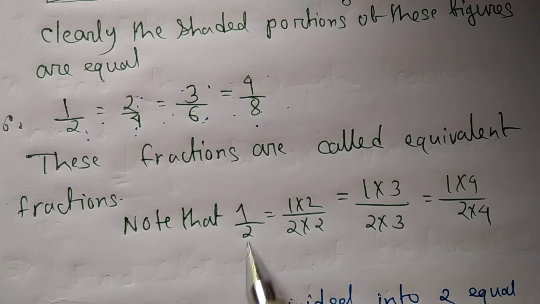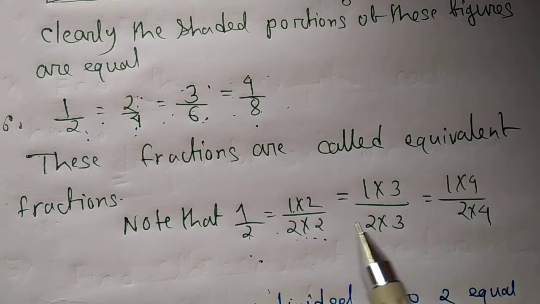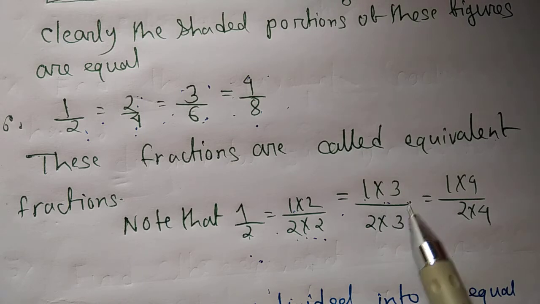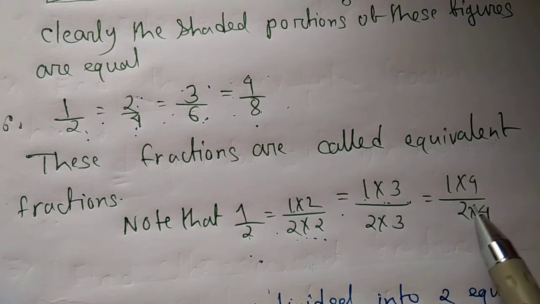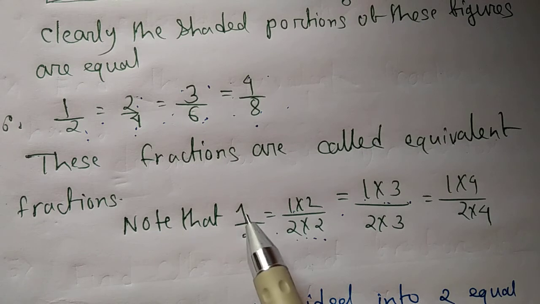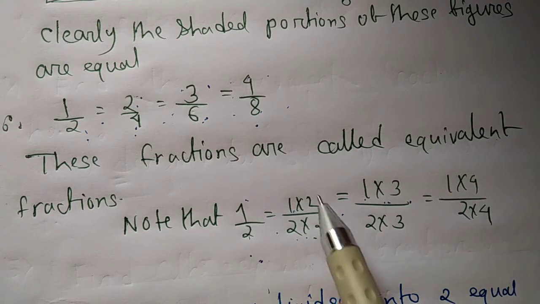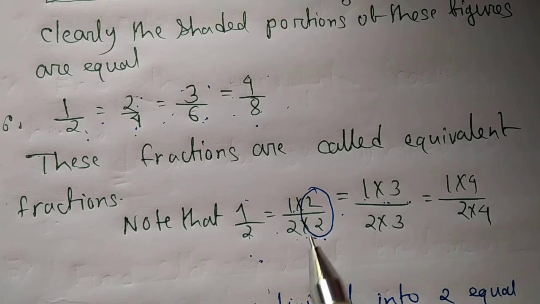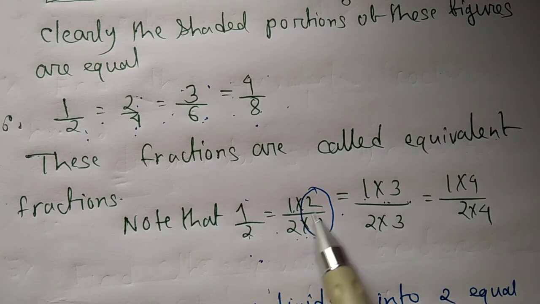Note that 1 by 2 equal 1 multiply 2 divide 2 multiply 2 equal 1 multiply 3 divide 2 multiply 3 equal 1 multiply 4 divide 2 multiply 4. This means you can multiply the fraction with same number, like you multiply this fraction with 2.